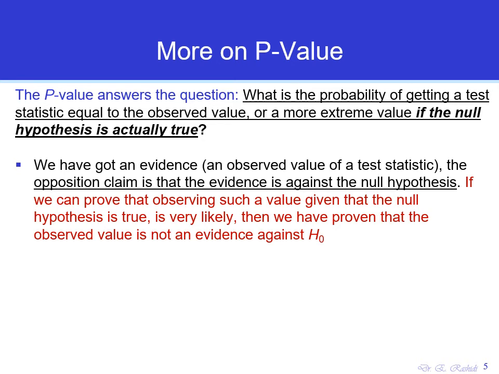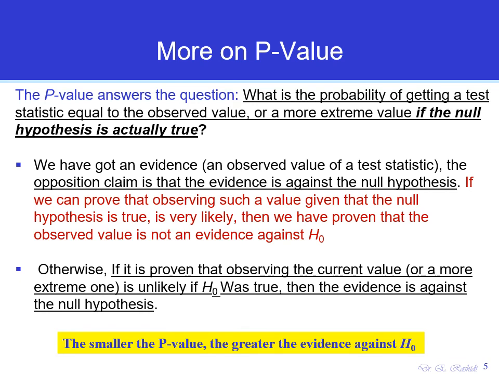So what we need to do is prove that, assuming H0 is true, it is likely to get a test statistic value equal to the observed value, or even a more extreme one. This is the concept of p-value. So when something is likely, that means the probability of getting that evidence is high.